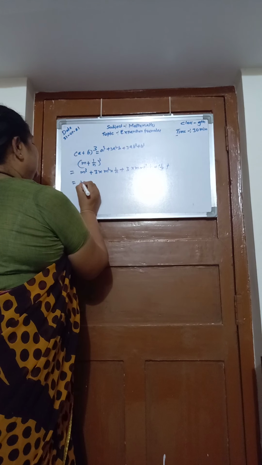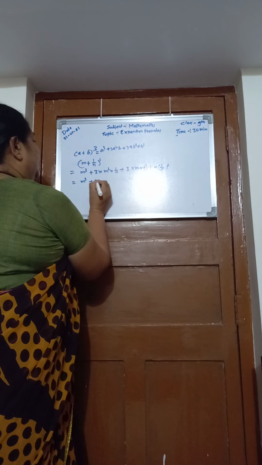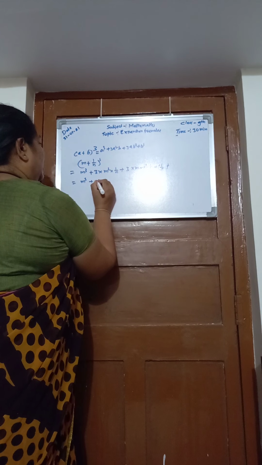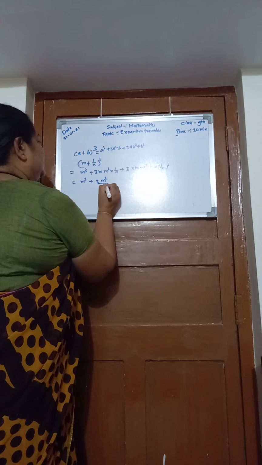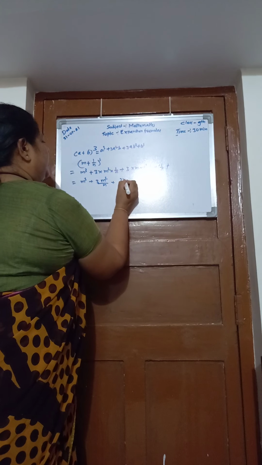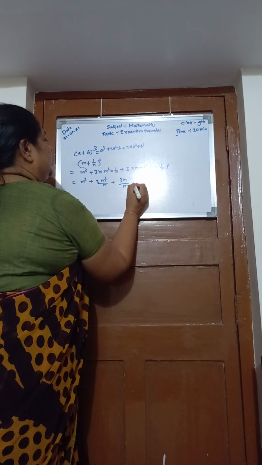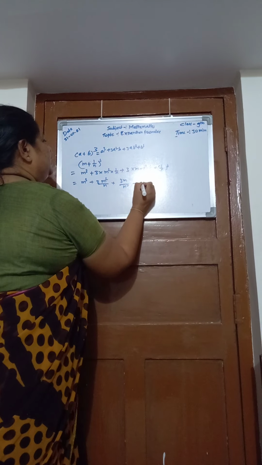Write down m cube as it is, m cube plus 3m square by n plus 3m upon n square plus 1 by n cube. This will be the answer. Okay.